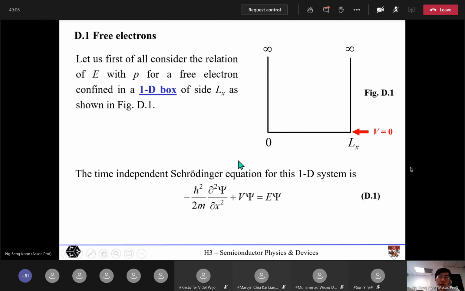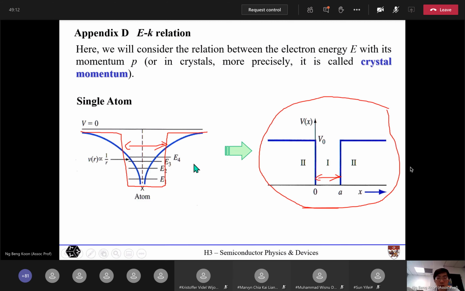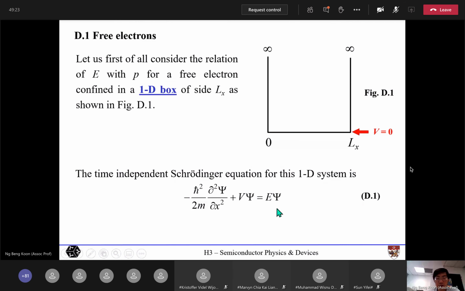If you recall, in the Schrödinger equation there is a potential energy term that we need to know. That's why we first define the potential energy experienced by the electron, and then approximate it to a simpler form, so that when you put it in the Schrödinger equation, it's easier to solve.